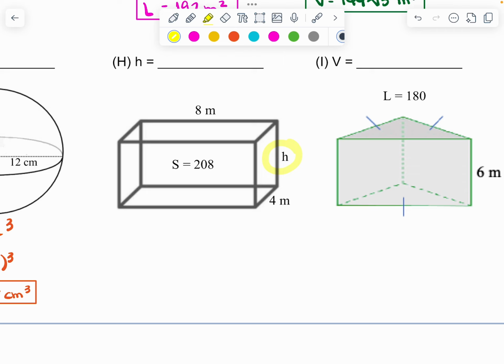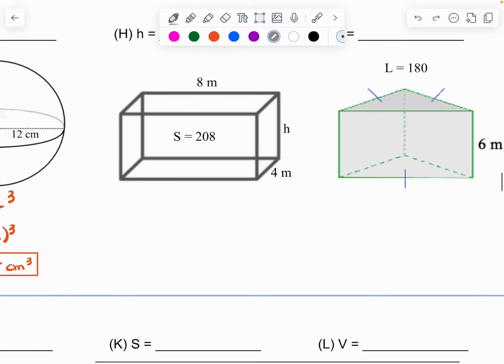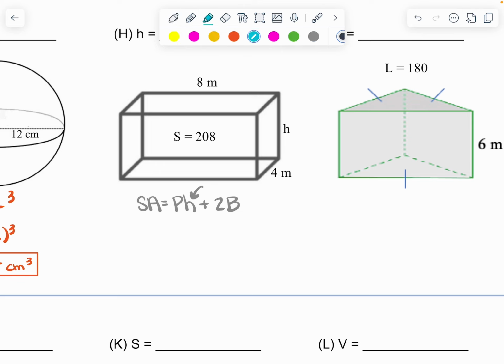All right. What letter are we on? H. All right. So H, they're asking us to find the height of this prism given the surface area is 208. Okay, so let's see. Obviously, if you're given surface area, then you want to use the surface area formula for a prism, which is pH plus 2b.